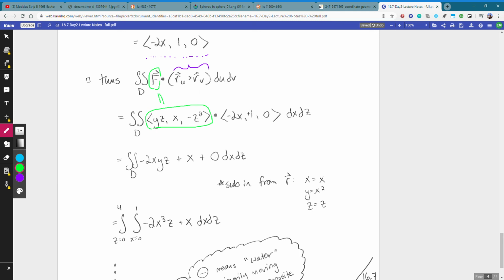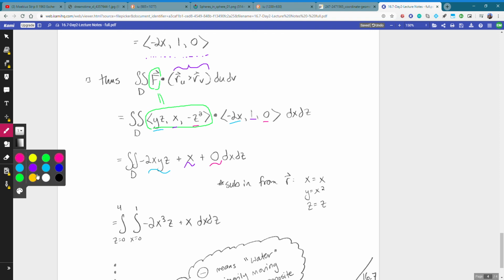And once we've made these substitutions, we can take the dot product, as we would just any other two vectors, multiply their x components, and add up what we get when we multiply the y components and the z components. So no more vectors going on, we just get a scalar function at the end of the day.